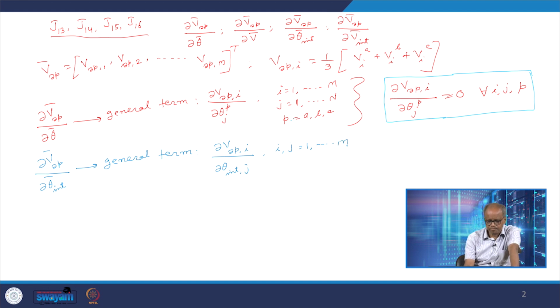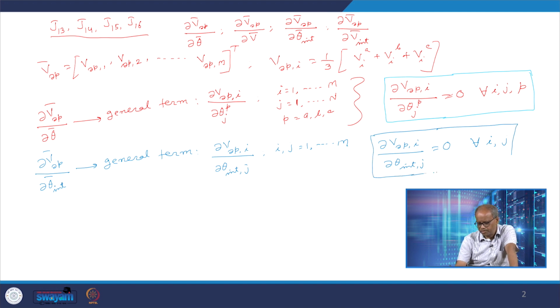As we can see, this expression of V specified I is also not a function of any theta internal, or rather any internal angles. So del V specified I by del theta internal j is also 0 for all I and j, so this matrix is also a null matrix.